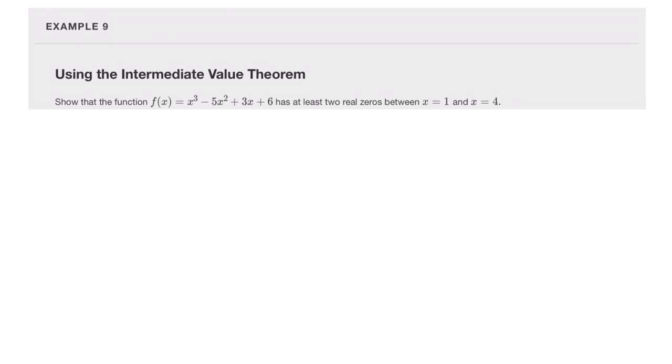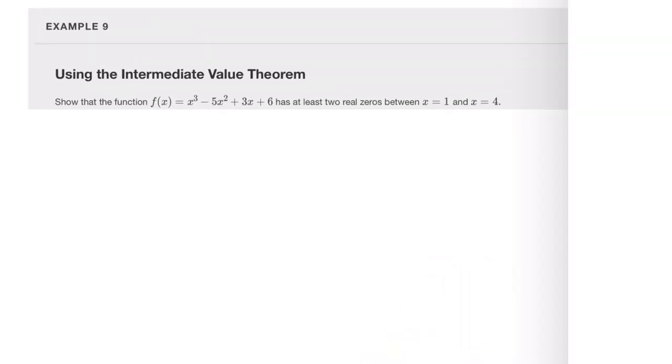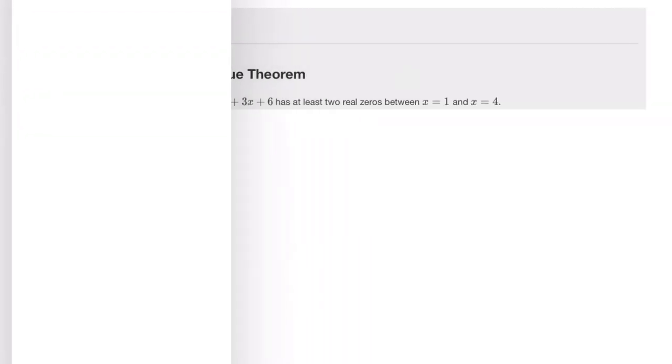So what we can do is create a table and look at the x values from -1 to 4. Let me pull up my graphing utility. I know it's a little bit off the screen. Let me pull this over here so you guys can see it.